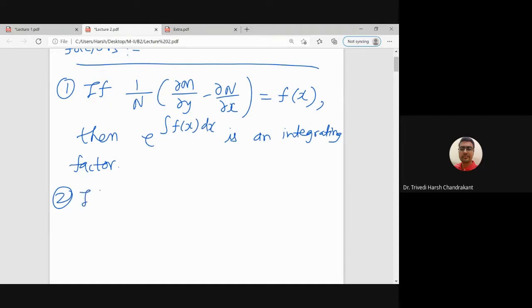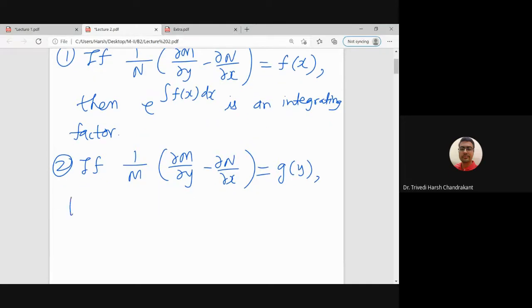In a similar way, if instead of dividing by N, we divide by M, the same quantity, and if it turns out to be some function of y, let us say g(y), then the integrating factor is e to the power integral of minus g(y) dy.